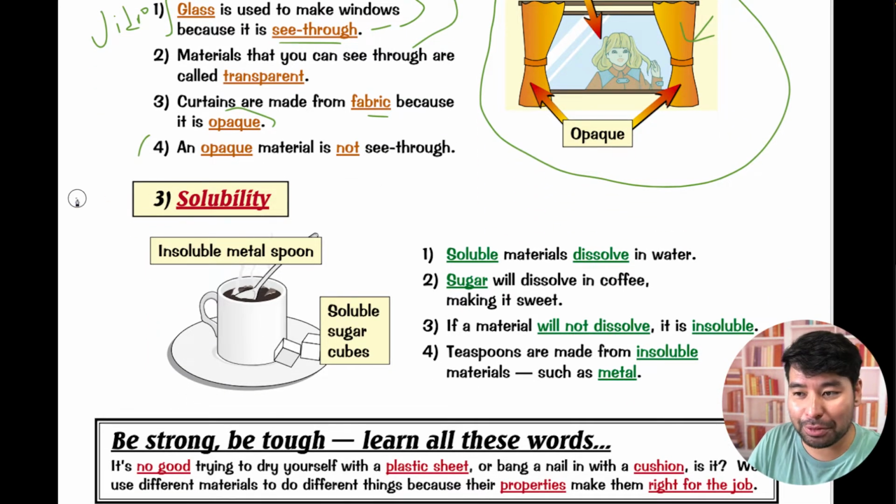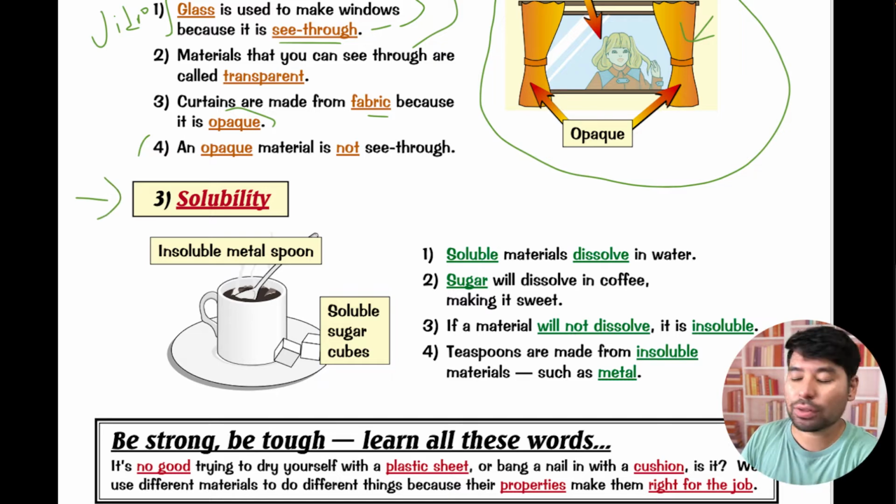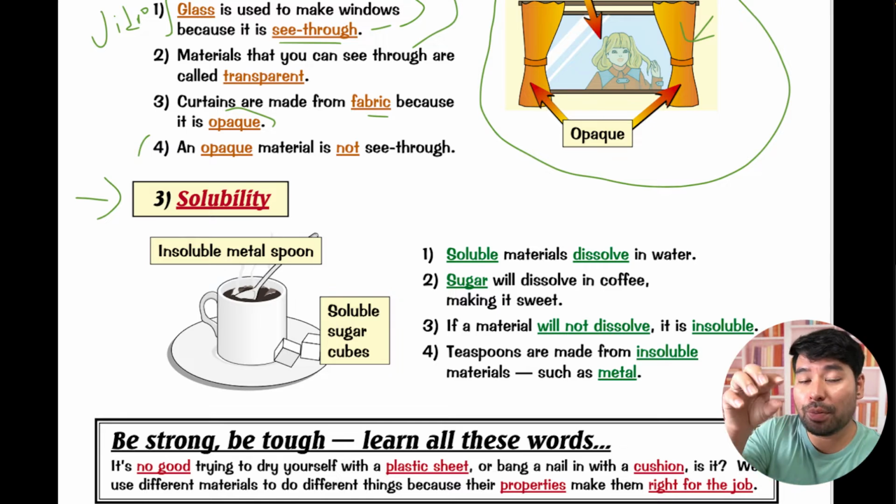Wow. Number 3, we have a good word here. Let's listen to the native. Okay, so that's the word. Solubility. Again, solubility. Teacher, what is that? Is the ability to be dissolved, especially in water, right? When you put something in the water and it's dissolved, yeah?